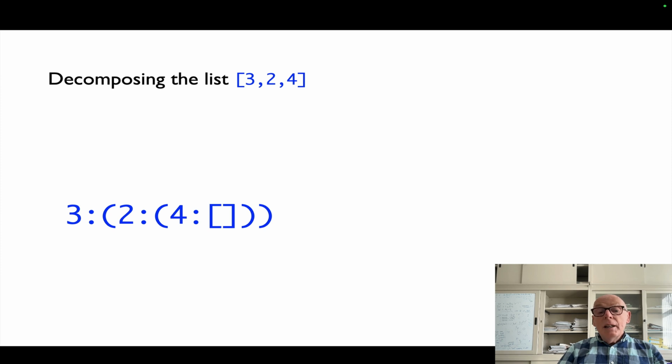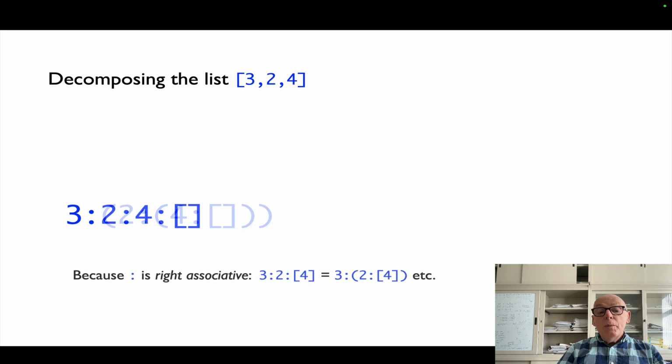What we can do is say that cons is right associative. So when we write 3 cons 2 cons 4 cons the empty list, that means 3 cons, in brackets, 2 cons 4 cons the empty list, and so on. It associates to the right. When there are 2 conses, we put the brackets around the cons to the right.